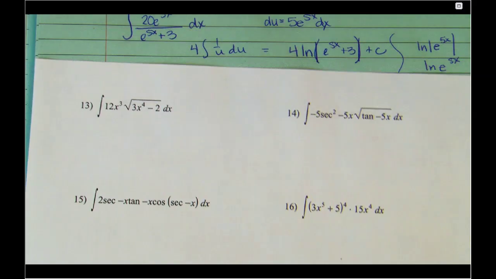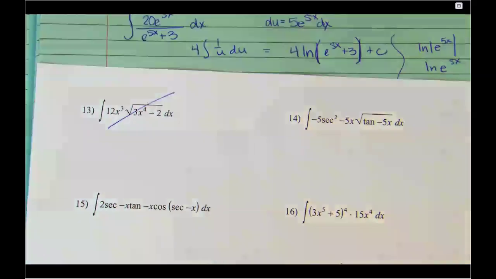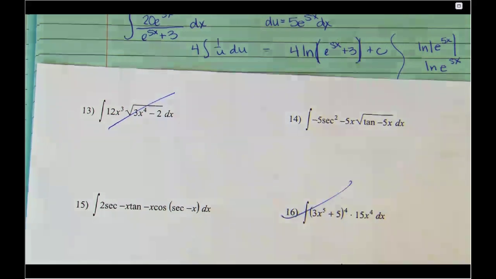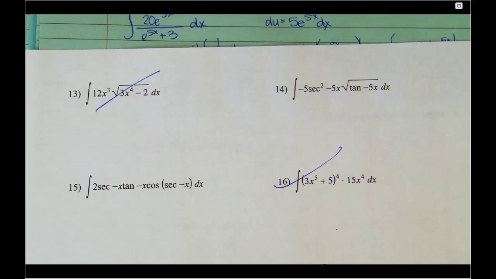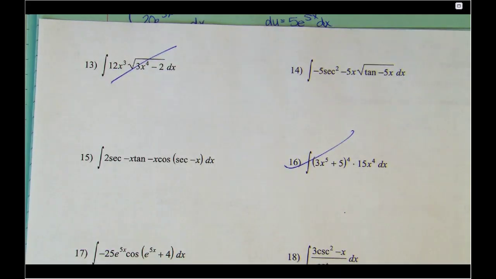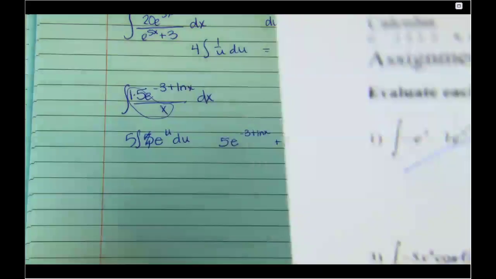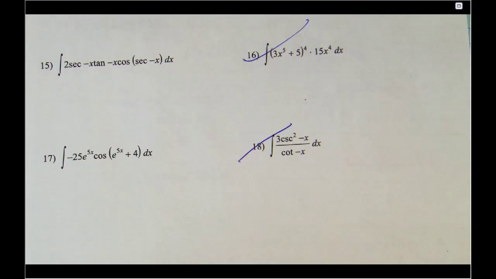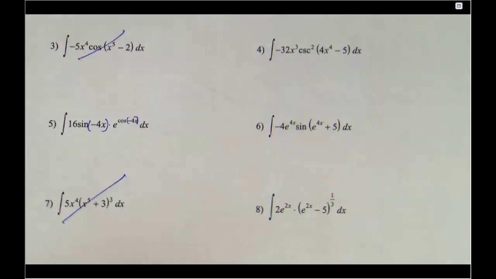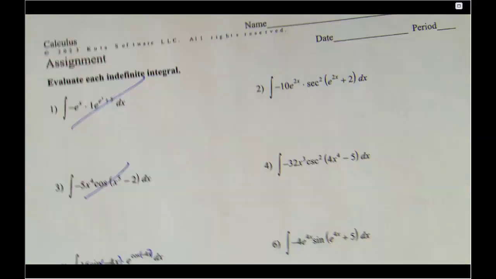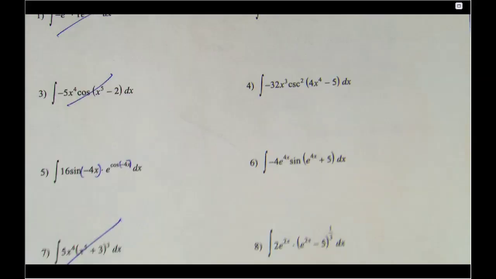You can actually cross off 13. 16. 15. You can cross off 18 also. Okay, that's everybody. Anybody need me to repeat that? So you actually have 1, 2, 3, 4, 5, 6, 7, 8, 11. I think you have 11 questions, which is much better than 18.